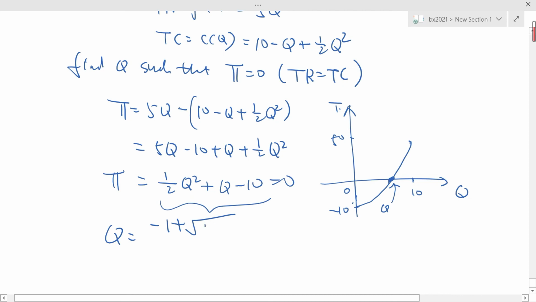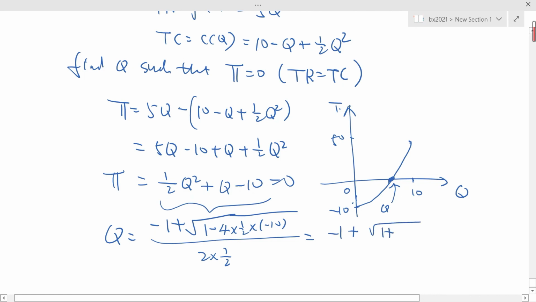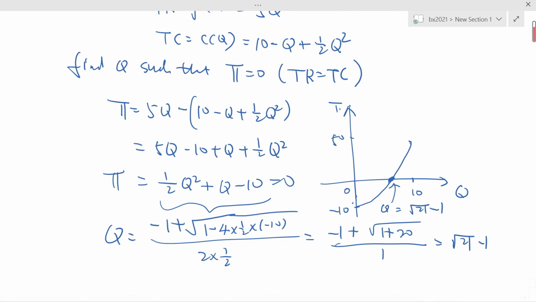So 1 minus 4 times 1/2 times minus 10, all over 2 times 1/2. So it's negative 1 plus the square root of 21, so roughly the square root of 21 minus 1.